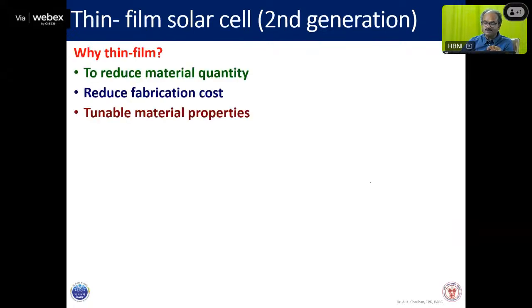Now comes the second generation, which is thin film based solar cells. Why do we require thin film? In a wafer you need a lot of material. If you can make a very thin film compared to the wafer, you can reduce the material requirement, and accordingly reduce the fabrication cost.